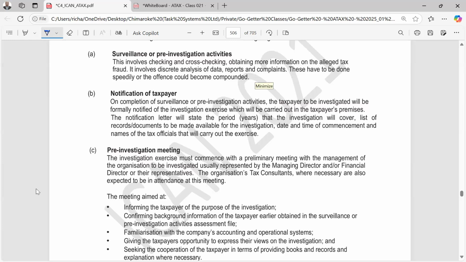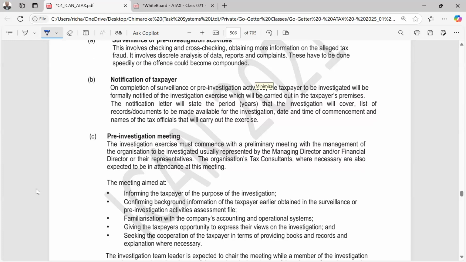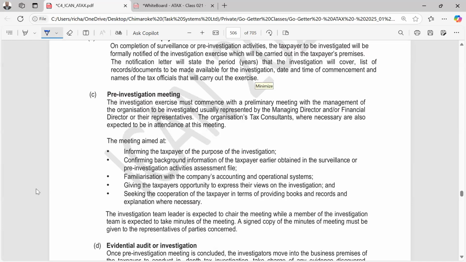They want to ascertain certain things that they have learned about the company by asking. The meeting is aimed at informing the taxpayer of the purpose of the investigation, confirming what they have obtained from their surveillance, familiarizing themselves with the company's operations, and so on.